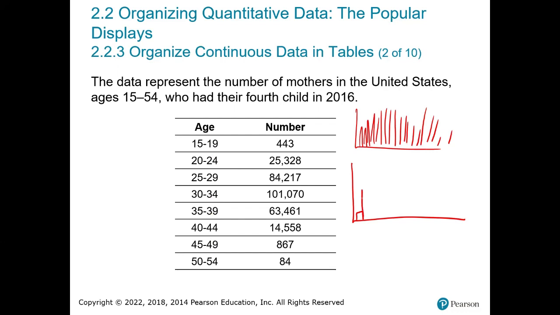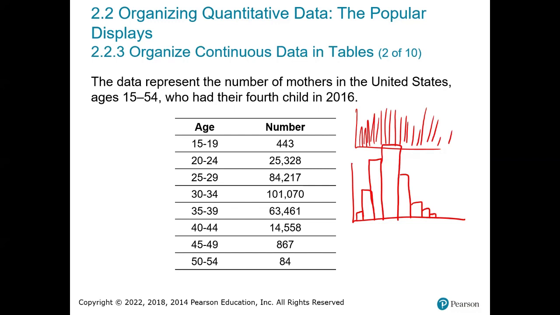I'm totally just estimating, not drawing to scale. But I would group them together rather than having a bunch of individual bars. That's what's nice about a histogram, that we can group some values together.